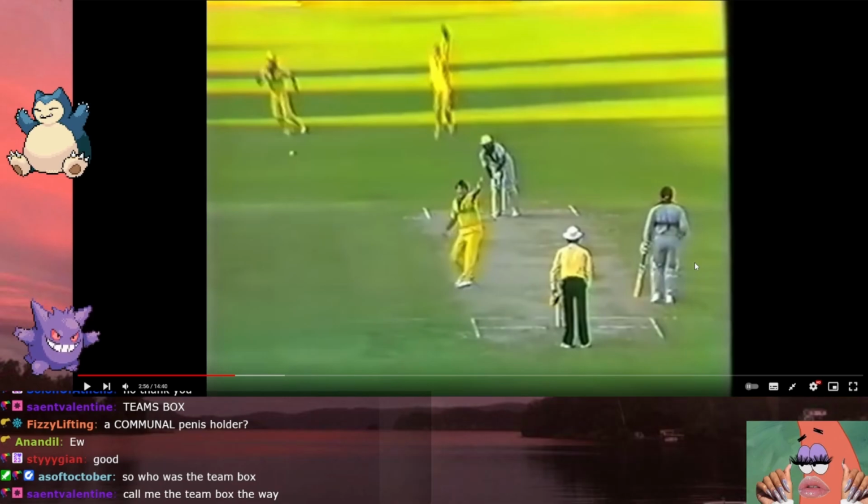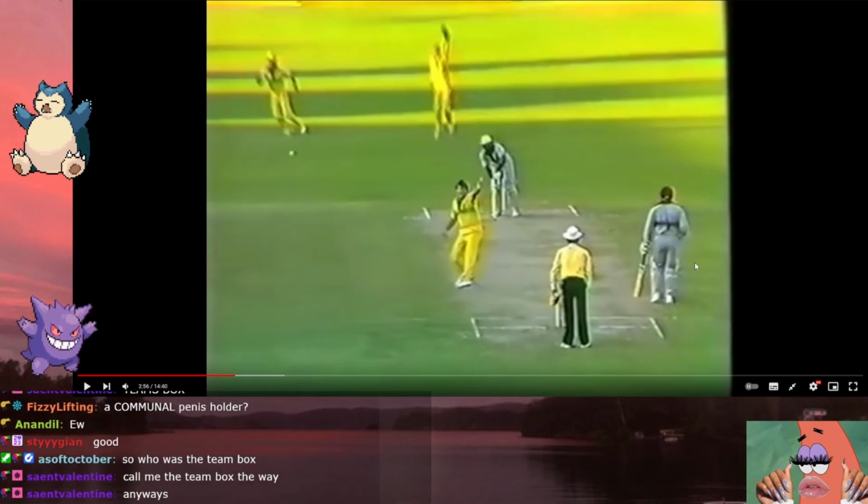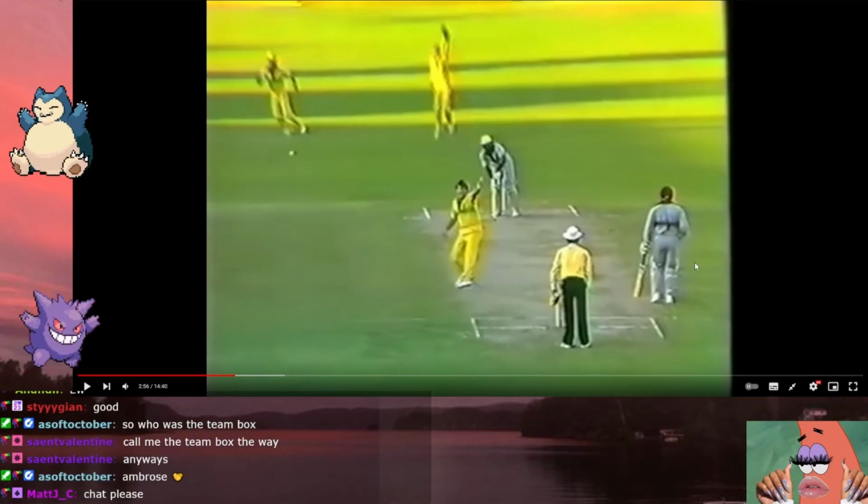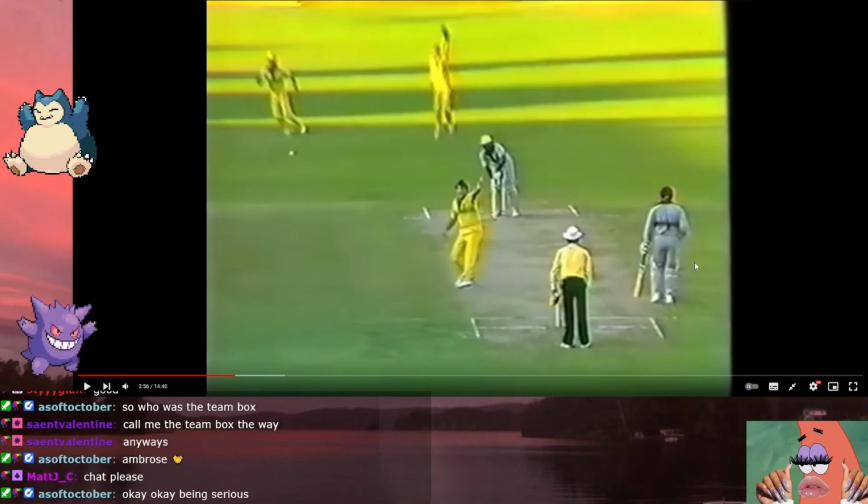So I had a friend, a teammate, who showed up to practice one day, wasn't wearing 2 pairs of underwear, and didn't bring his box. And he was like, fuck it, it's just training, I'm going to go out anyway and do my practice. Literally, first ball, got hit in the ball sack by the fastest bowler on our team, and took a week off school.